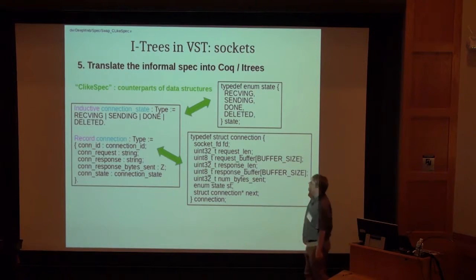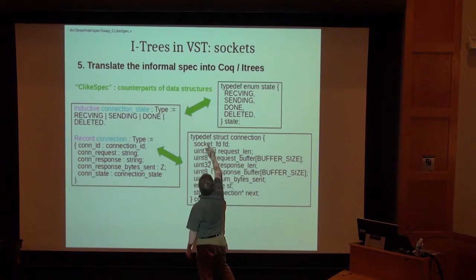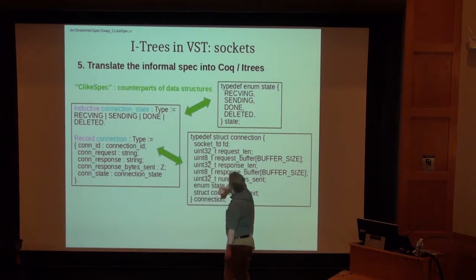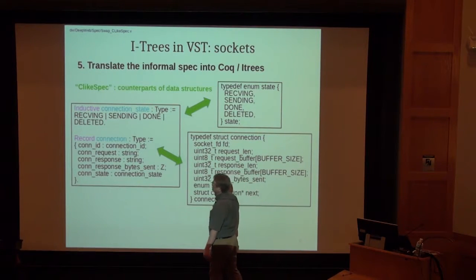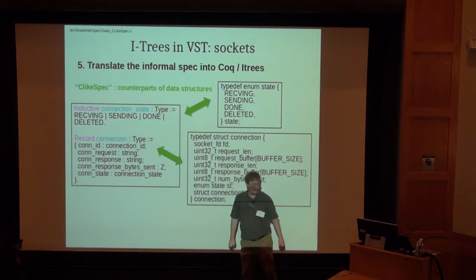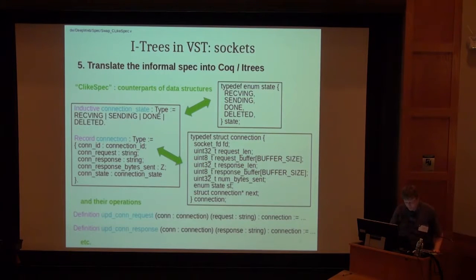So in particular here in this C-like specification, we replicate some of the structs that you see in the C program to allow more abstract reasoning about that. So the similar data structures are used and to some extent also similar control flow structure.